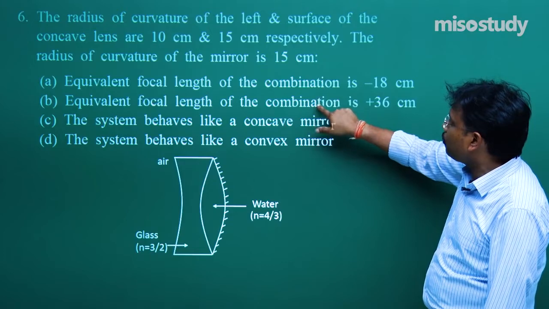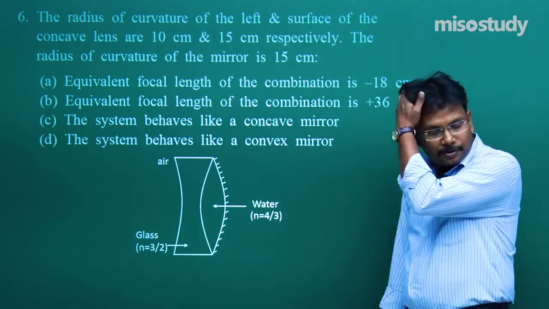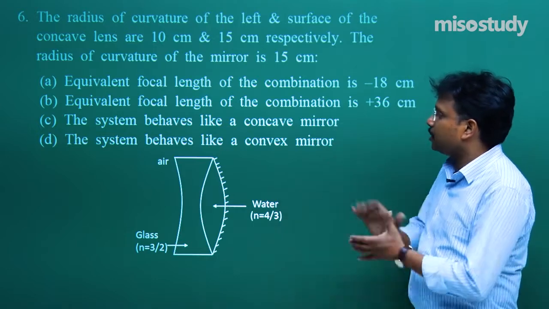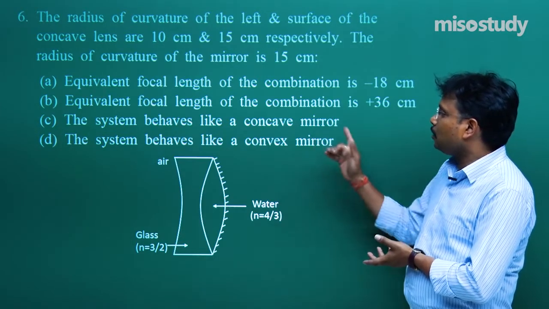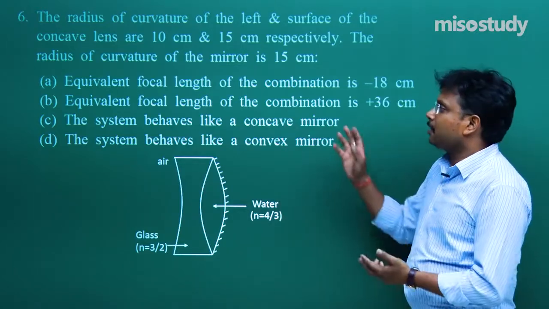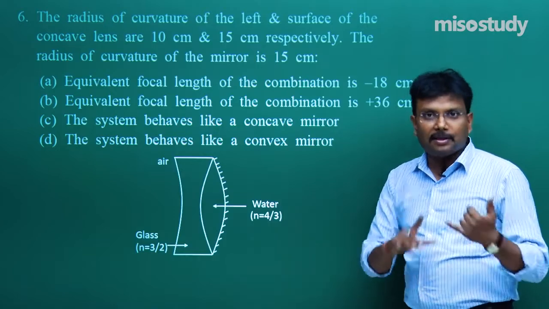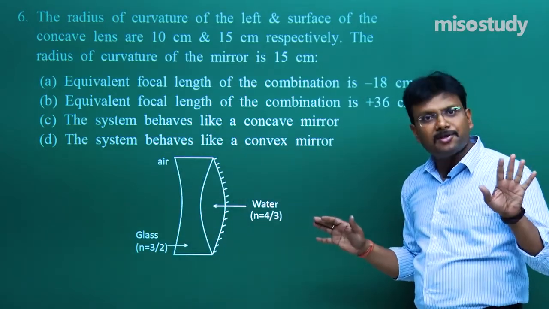Now these two options A and B are asking the same question, which one is the correct combination. And options C and D ask whether the system behaves like a concave mirror or a convex mirror. So ultimately our target is first to find the equivalent focal length, and second the nature of this system. Now the aim is clear.